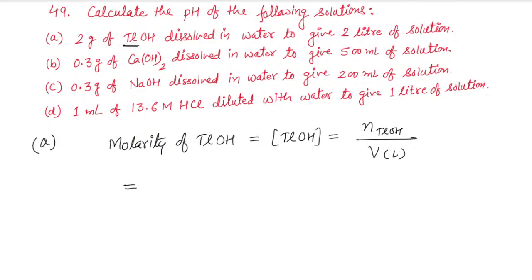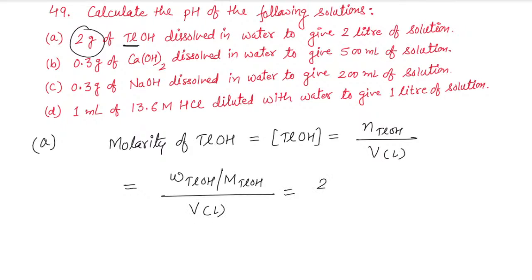The number of moles is not given, but the weight is given. So it is weight of thallium hydroxide over molecular weight of thallium hydroxide, divided by volume of solution in liter. The weight given is 2 gram, and the atomic weight of thallium, which should be given to you, is 204, plus oxygen is 16 and hydrogen is 1, so 17. The unit is gram per mole, divided by 2 liter, right?